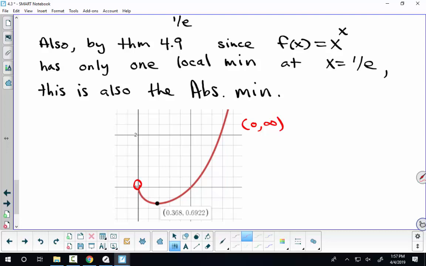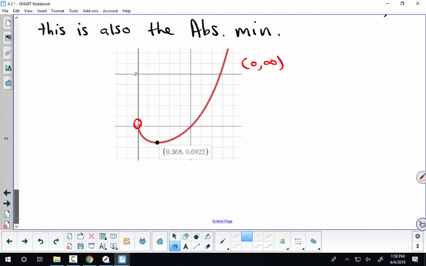So the idea of answering something like that on a graph such as this is part of what we address in 4.7. To find this hole here, we would have to look at the limit as x approaches 0 from the right on the function x to the x.